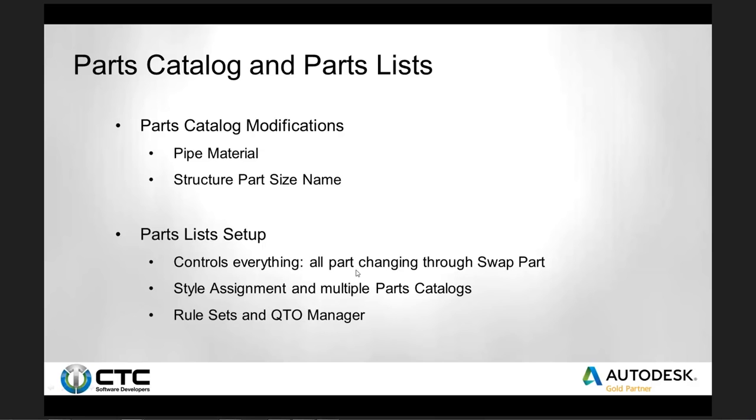A couple other things on parts list. Style assignment. Okay, it's key that you assign those styles in there. And multiple parts catalogs. I just want to touch on this a little bit. I know some of my clients out there do this, and it's a little tedious to set up, but once you get it in place, it makes it very useful. And the situation is, what about when I have an existing structure and I want that to show up in profile view, right?